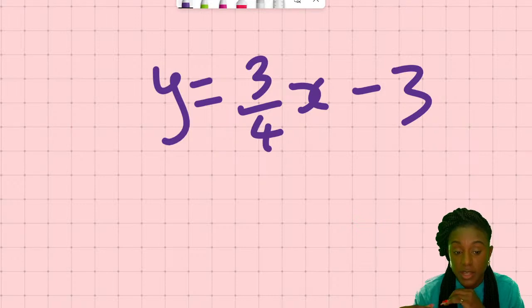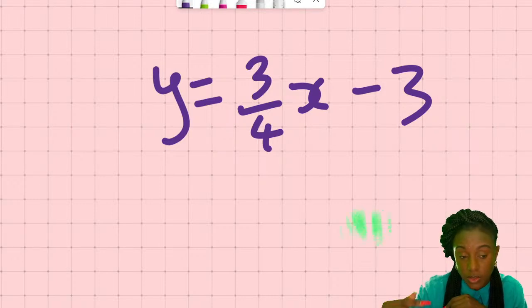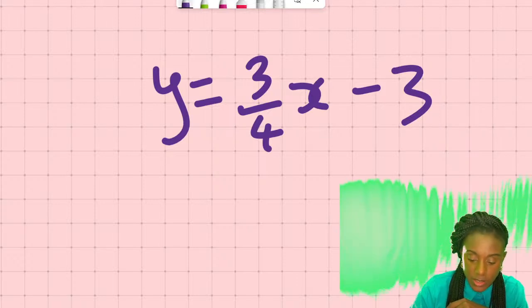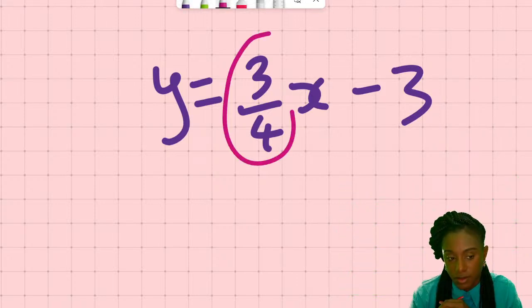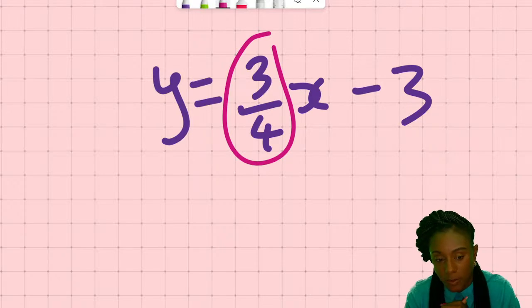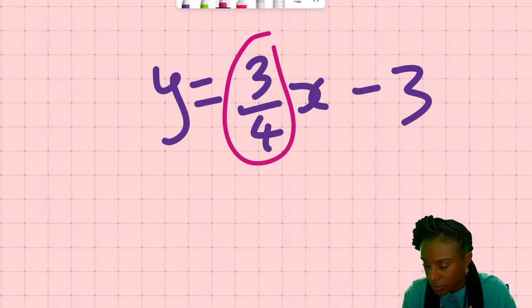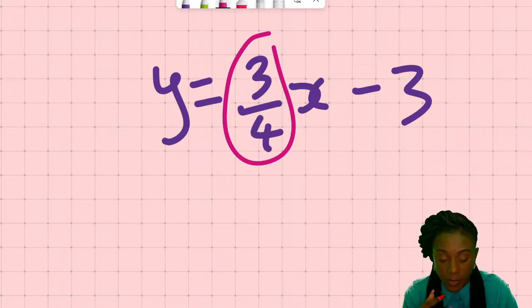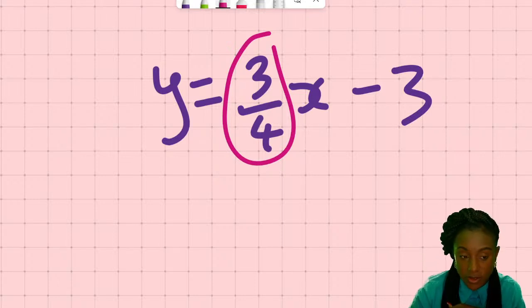Remember, the gradient of the line which is perpendicular to that line would be the inverse of that gradient, and you change the sign. So I'd like you to type that in the chat for me. What is the gradient of the line which is perpendicular to this line that I have on my screen? The gradient of this line is 3/4. Okay, excellent, negative 4/3. So again, you simply change the sign of the gradient that's given to you.